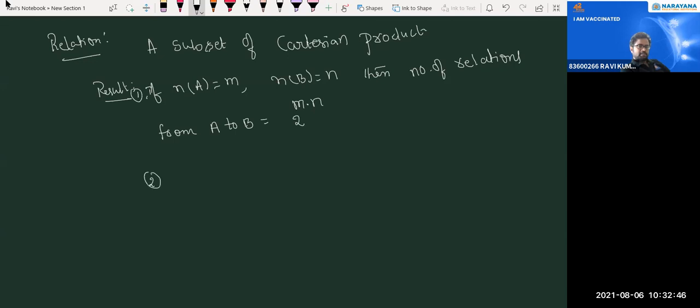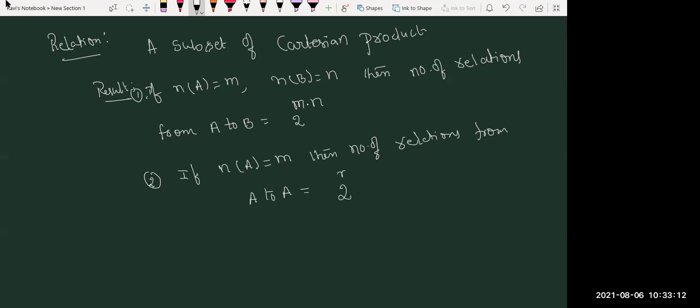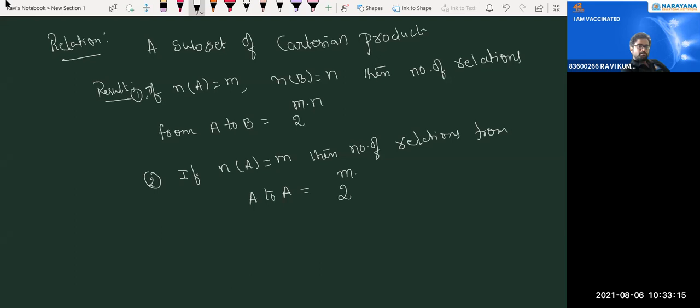Second result. If n of A equals m, then the number of relations from A to A. Anyone in the class, can you tell me A to A is how much? 2 power m into m, because A to B means m into n.